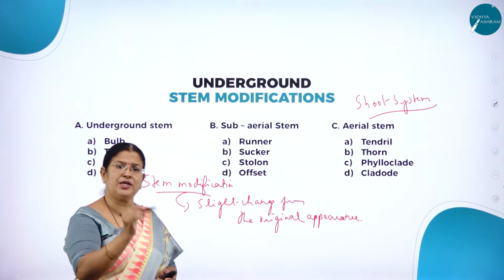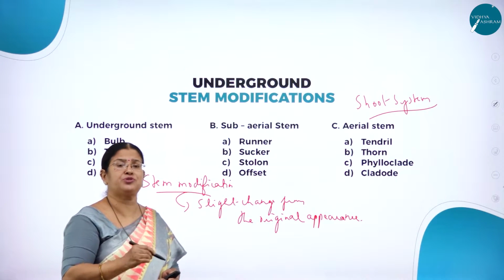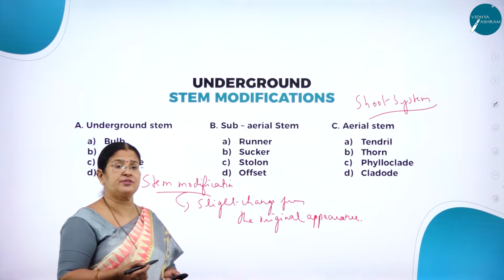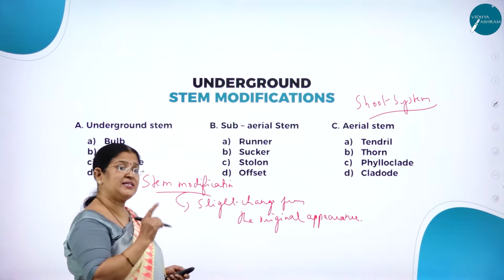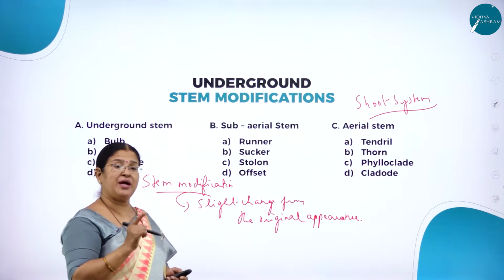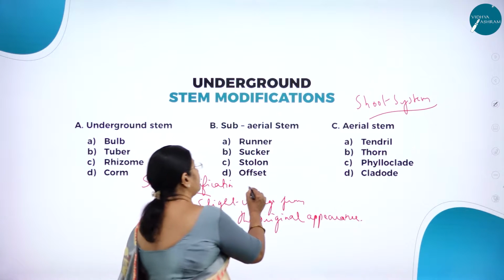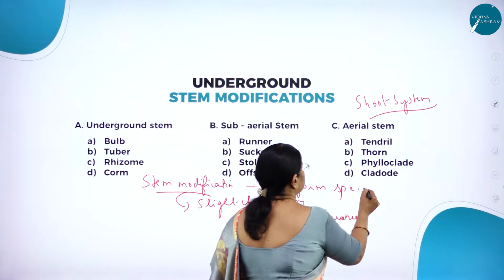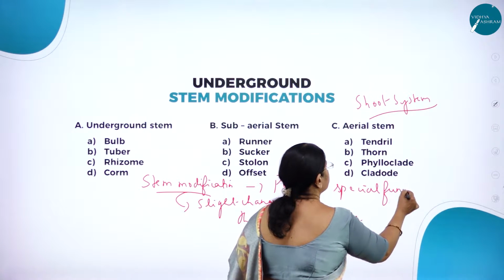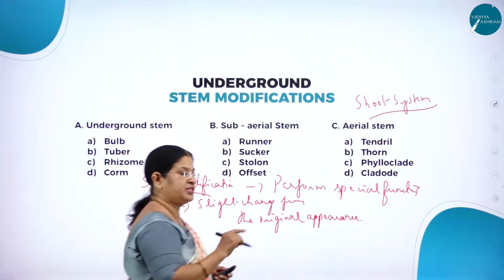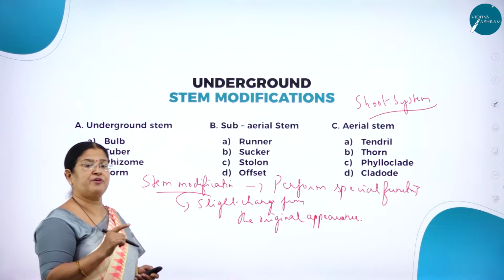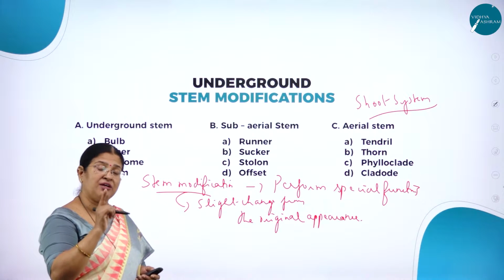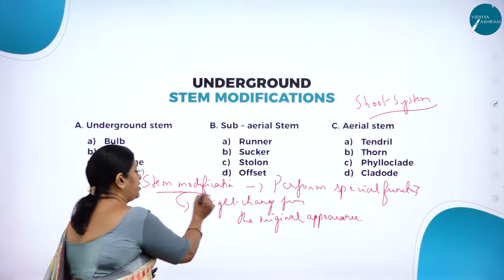Why does a stem undergo modification? Its usual function is to bear branches, leaves, flowers, fruits, and also to carry on photosynthesis when green in color. But why does it undergo modification? Stem undergoes modification to perform some special functions. Other than the original function, if it wants to perform some special function, it gets itself modified, and that we call stem modification.